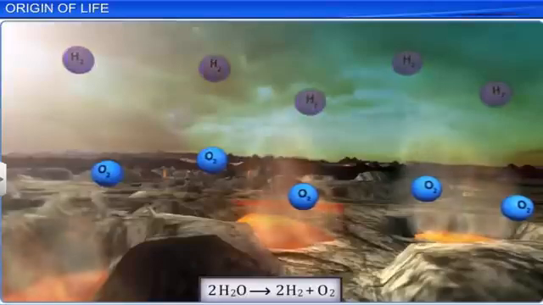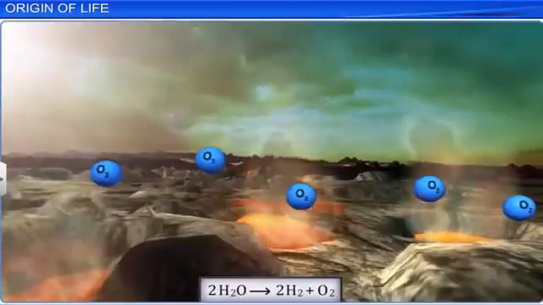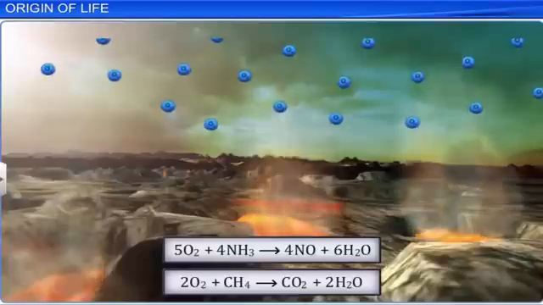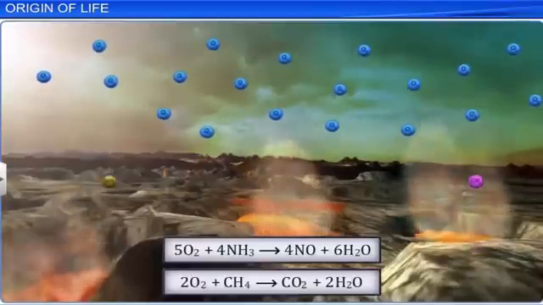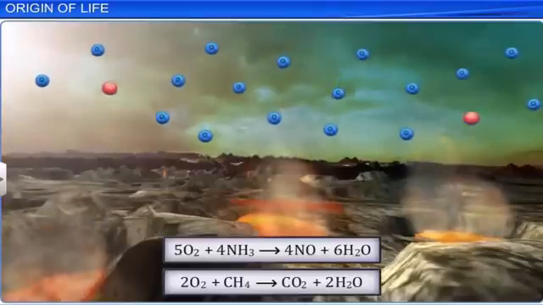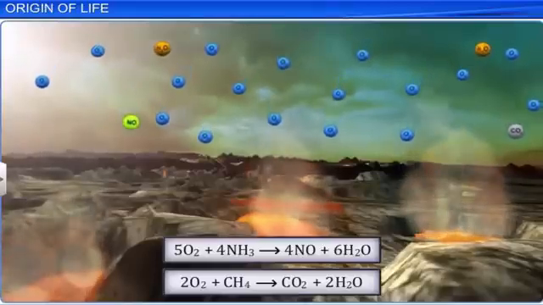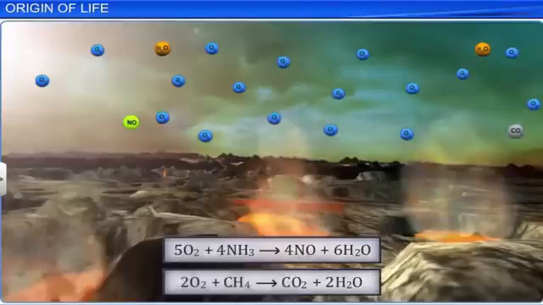Hydrogen, being a lighter gas than oxygen, escaped. Thereafter, oxygen combined with ammonia and methane, which led to the formation of water, carbon dioxide, and other gases.